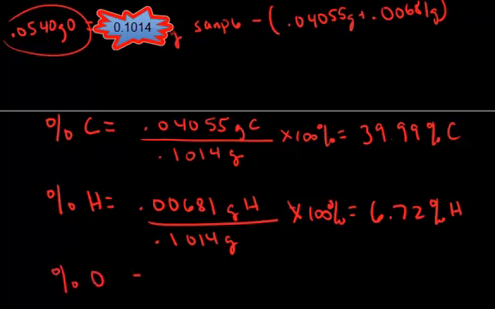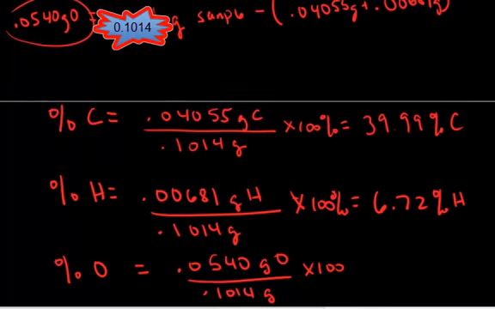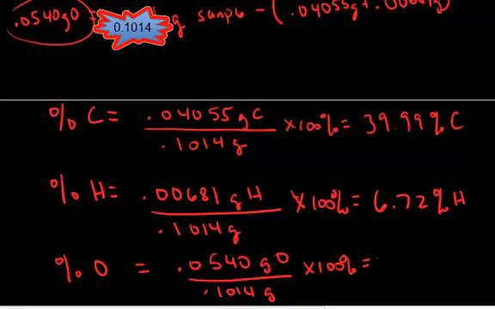We determined the amount of oxygen in the sample to be 0.0540 grams of oxygen divided by the total sample, 0.1014 grams, times 100%, and that equals 53.2% oxygen.